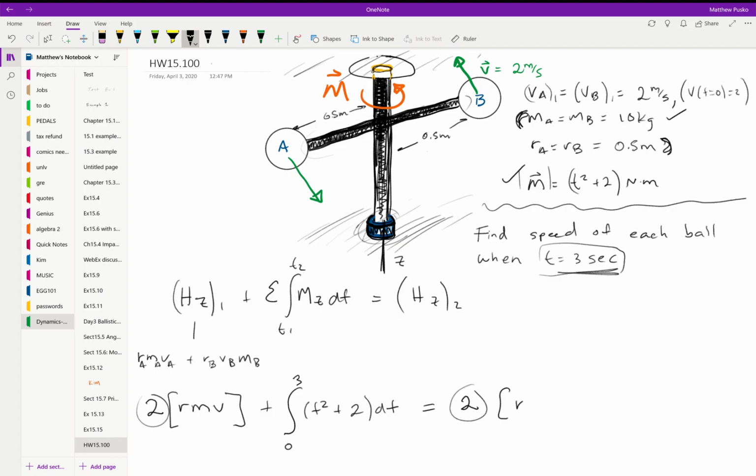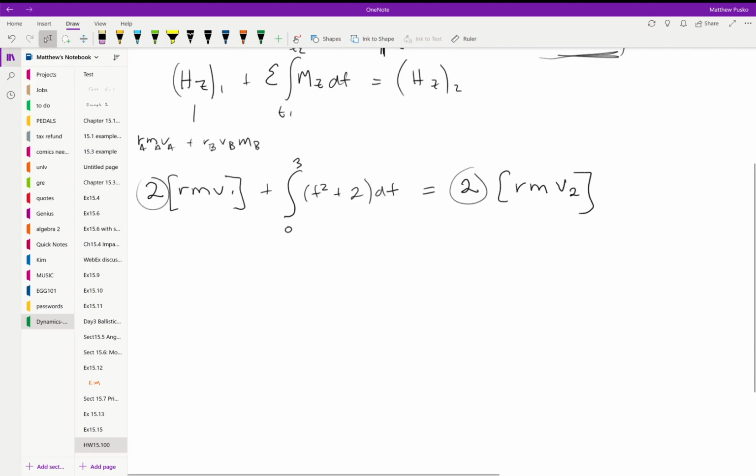We have the same R, M, but we have some new V. We'll just call them v1 and v2. Alright, we can work this now. Taking the integral first, I get t cubed over 3 plus 2t, and we're going to evaluate that from 0 to 3.